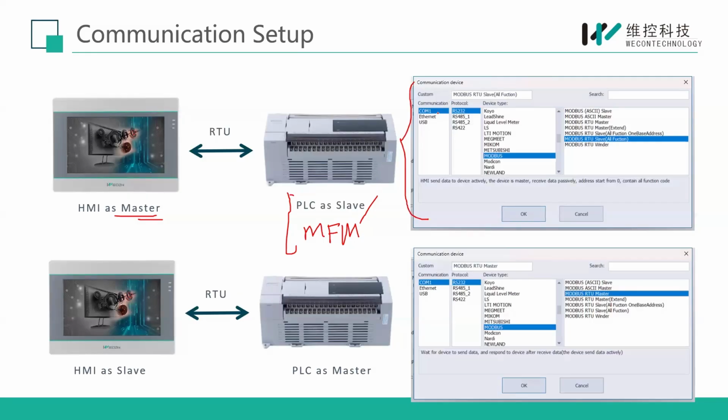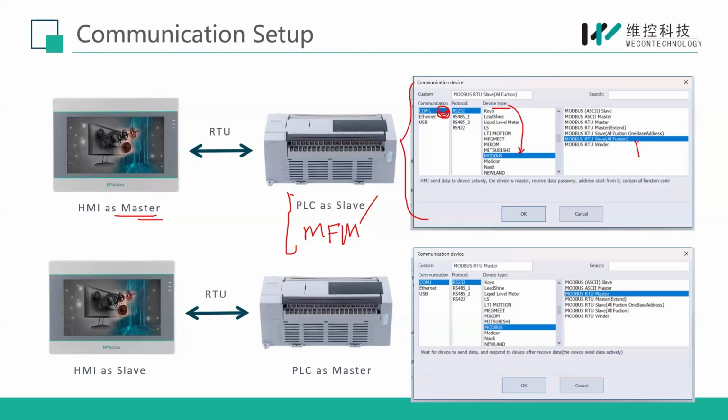First of all, it is the COM port. For the COM port, you know the wiring of the pin numbers in the DB9 terminal. Then you have to select a communication protocol, which is 232 or 485 or 422. The third one is device type. Device type is basically Modbus. You have to select Modbus here, and the last is the Modbus RTU slave function.